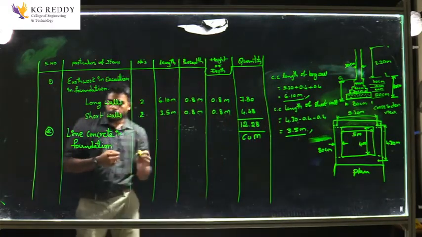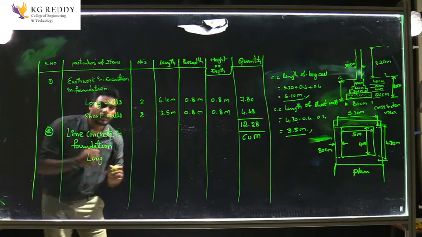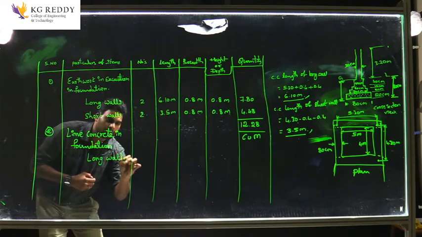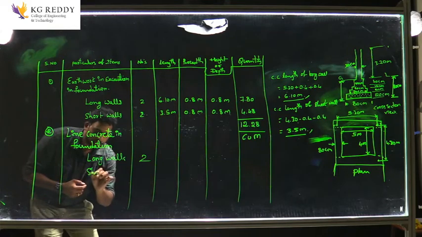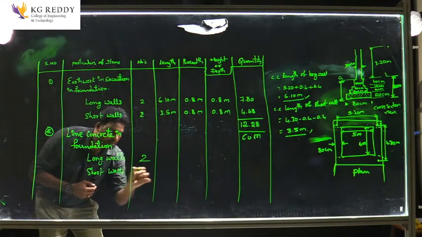Before that, we write how many long walls and how many short walls there are in the lime concrete. The long walls in the lime concrete are the same, 2 long walls, and the short walls are also 2.